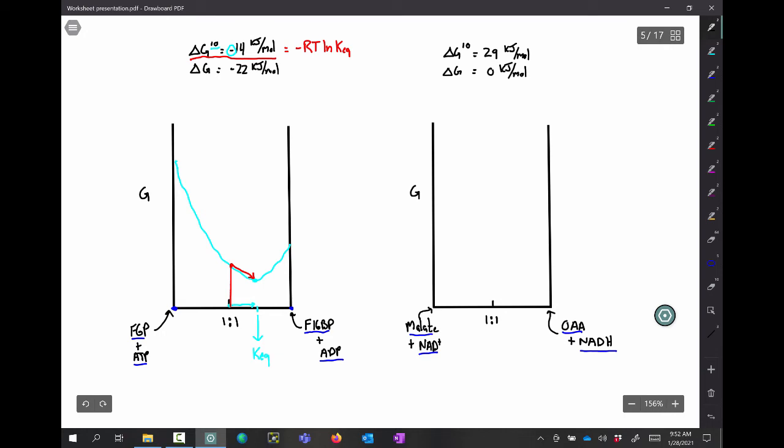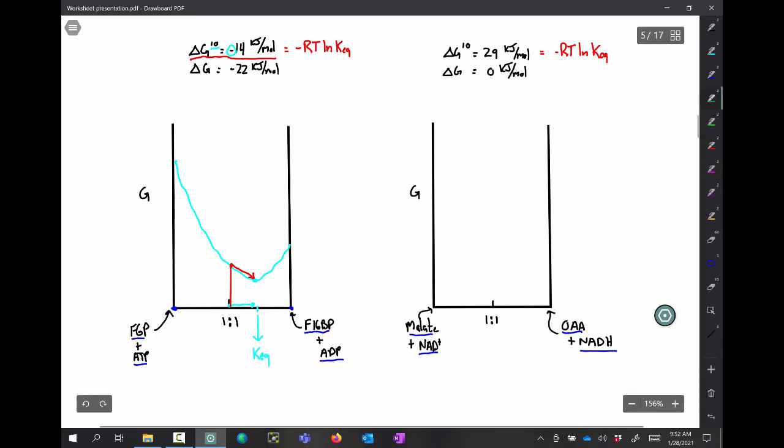So let's look at this one. Now again, this is going to be equal to negative RT natural log KEQ. So we could then solve this problem for, of course, KEQ and get a quantitative value of what it is. However, once again, we can do this.